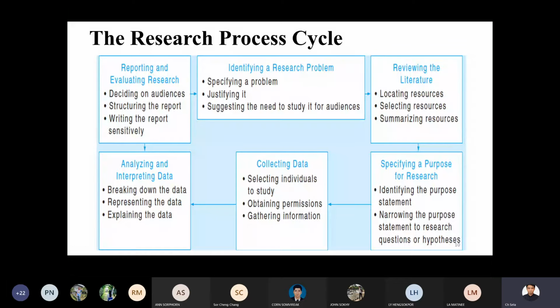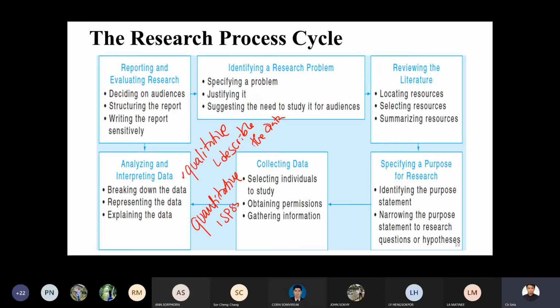But if your research design is quantitative, then you may use some tool to analyze your data.